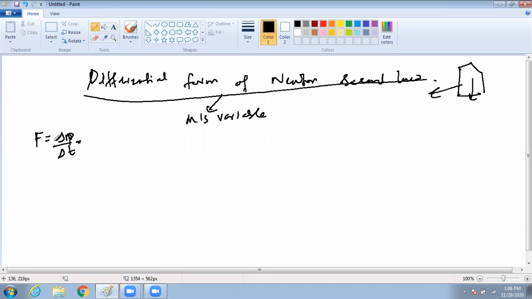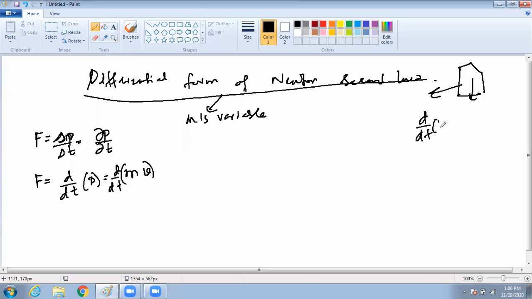But here we write this delta P as dP by dt. So F will be d by dt of P. What is P? M into V. Now this is like a product formula. If you remember the differentiation, it's a product formula.